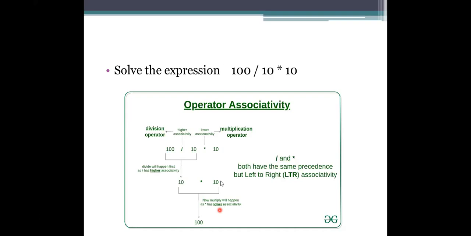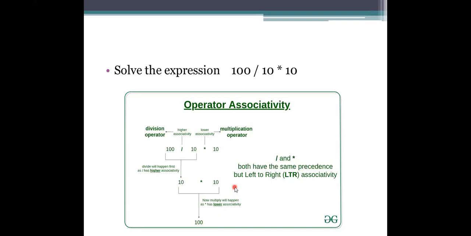But the answer we actually got here is 100. So in this representation, the associativity decides which operator has to be performed first, or which has to be selected to perform an evaluation.